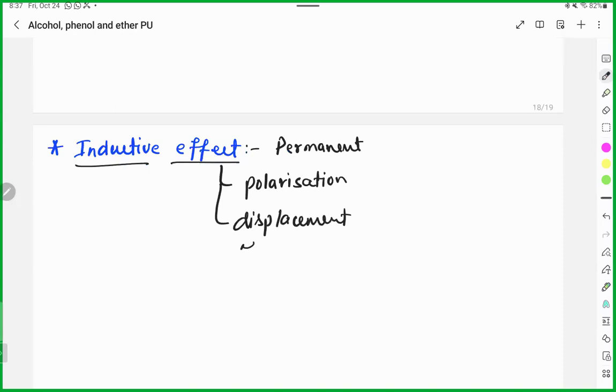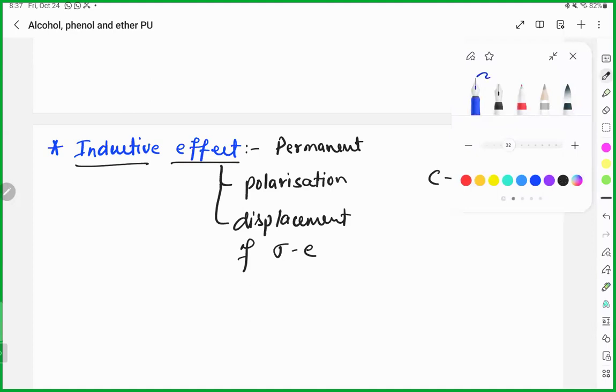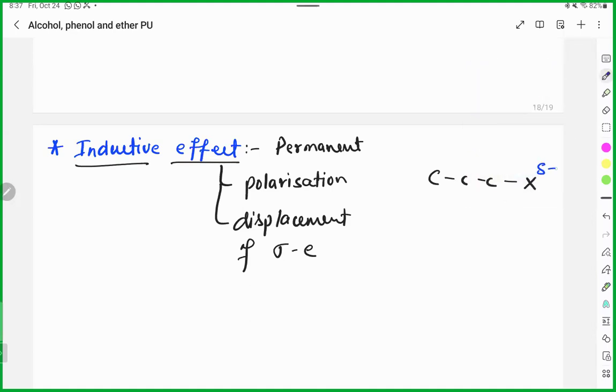Correct. Example, if you have a carbon-carbon chain and any atom is attached and there is an electronegativity difference, for example a halogen, then you know this will have partial negative, this will have partial positive. So this polarity due to difference in electronegativity is the inductive effect.